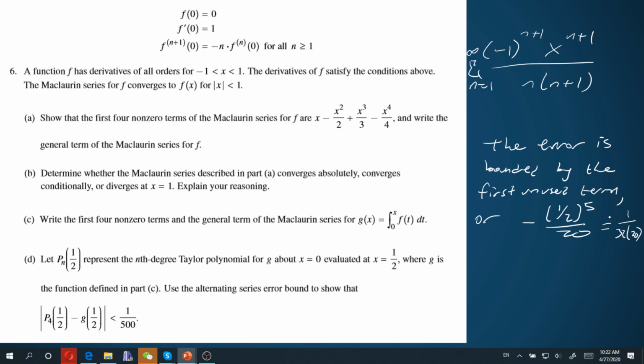How much is 1 over 32 times 20? 640. Yep. Okay, and we were trying to prove that the error is going to be less than 1 over 500. Is this error less than 1 over 500? Yes, which is less than 1 over 500.